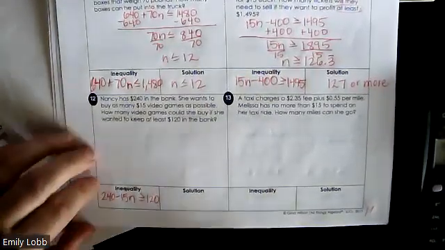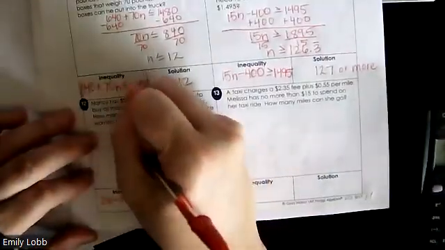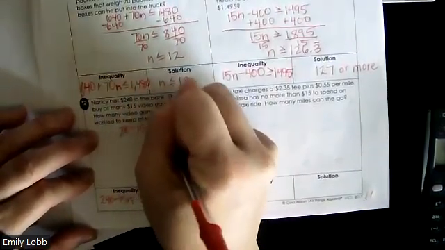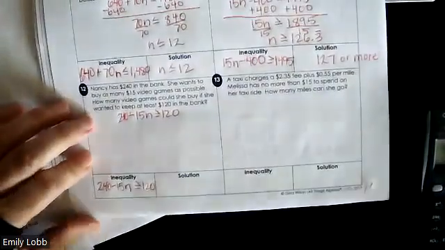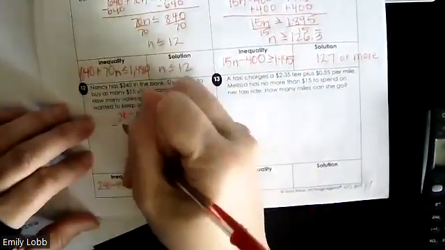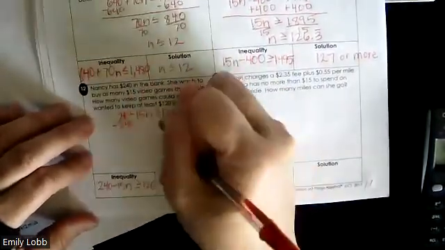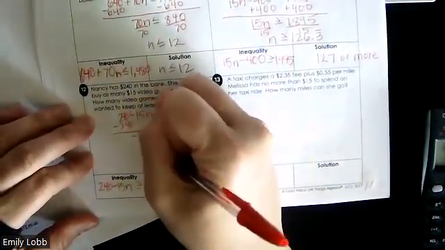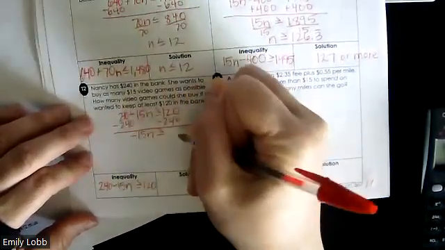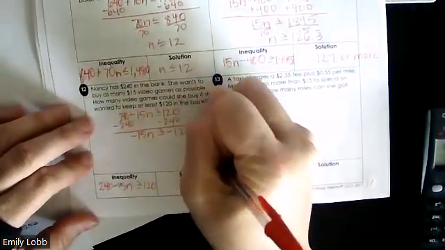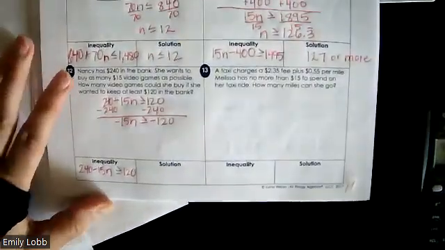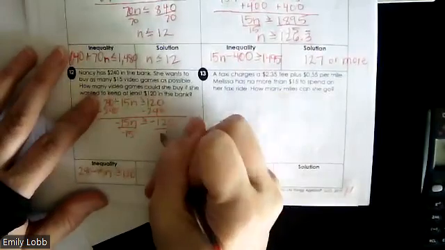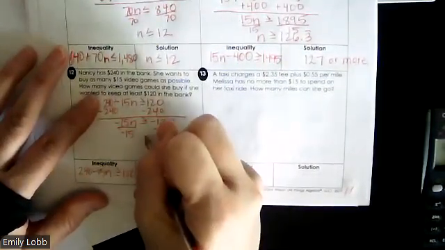Yeah, whatever you need to do. So 240 minus 15n is greater than or equal to 120. So if I subtract 240 here, I have negative 15n is greater than or equal to negative 120. But when I divide by a negative, I have to flip the sign.